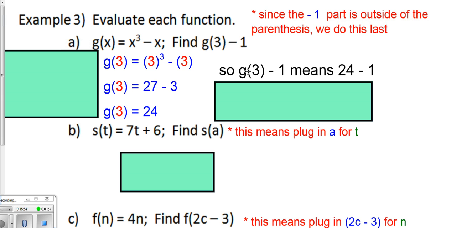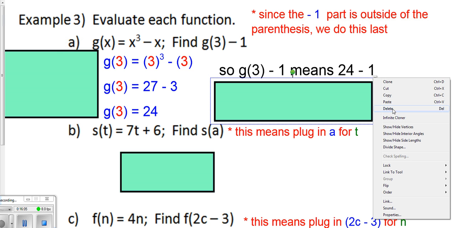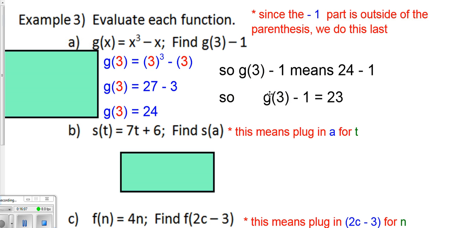So g of 3 minus 1 means we're doing 24 in this spot, this g of 3, then minus 1. Which means that g of 3 minus 1 equals 23. This is how we would write our solution.